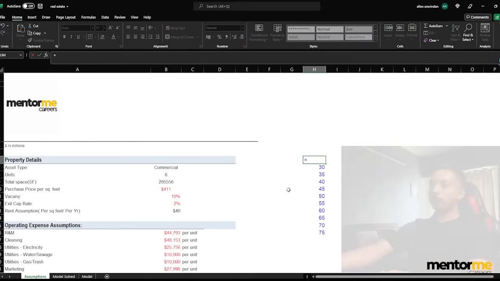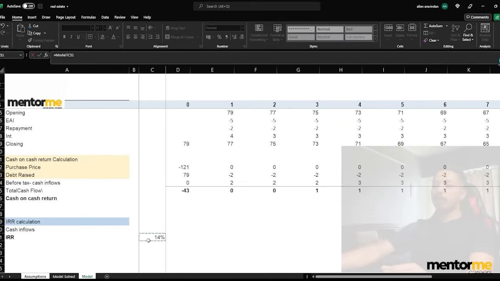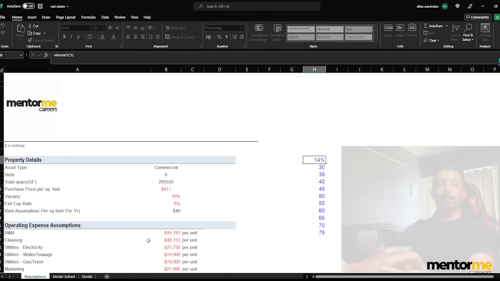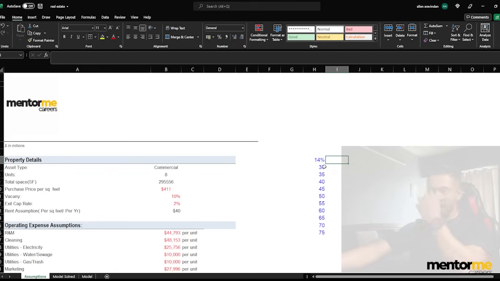Now I don't know whether you know how to create a data table, which can also be made even with one axis. Okay, it is not necessary to have two axes all the time. So anyways, we will link the IRR calculation from the model out here, right? There you go. And then we will select this section. So out here is where my answer should come.